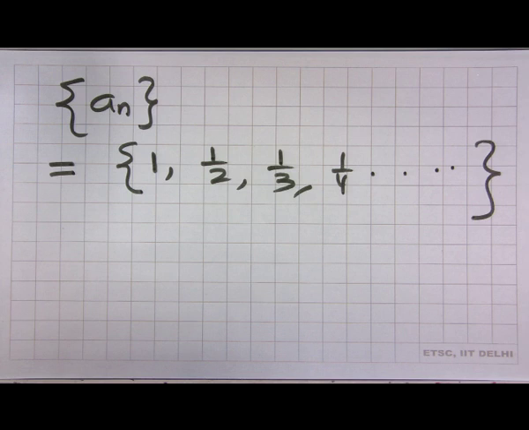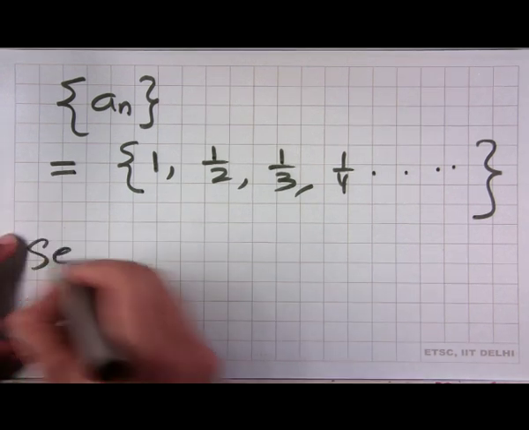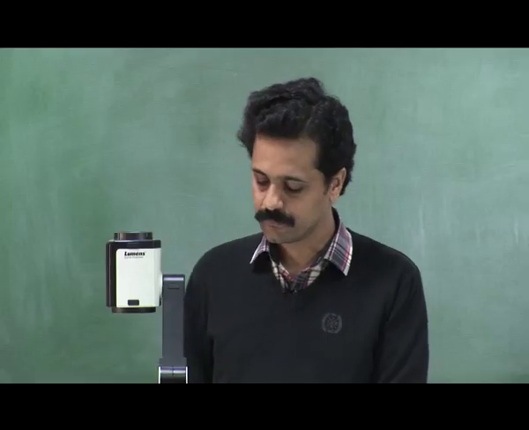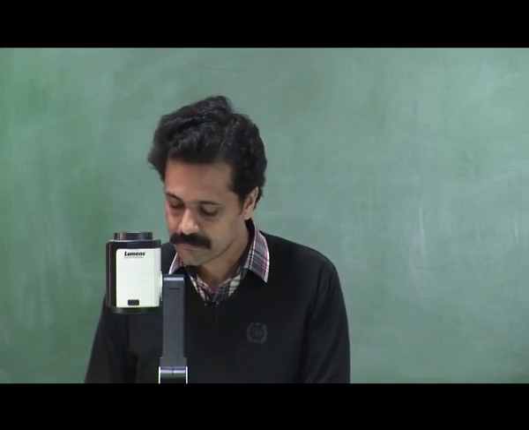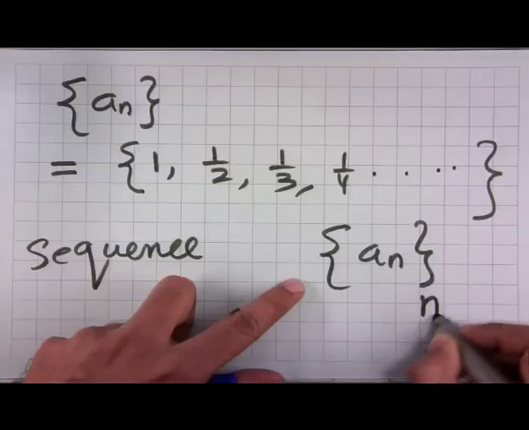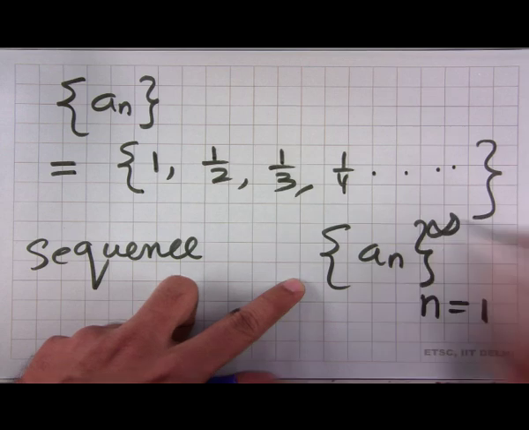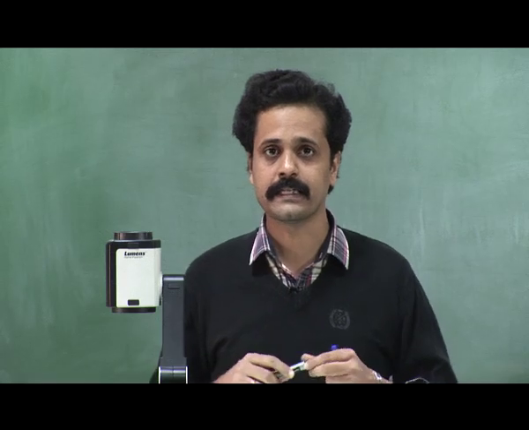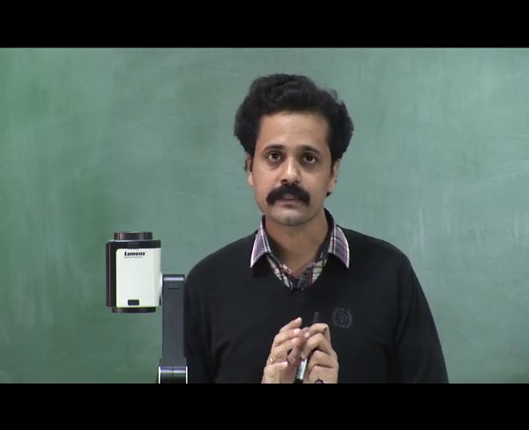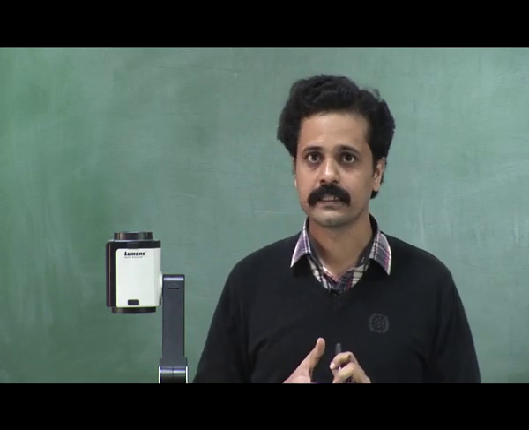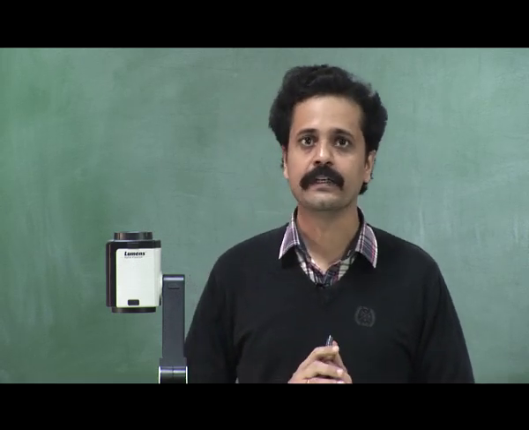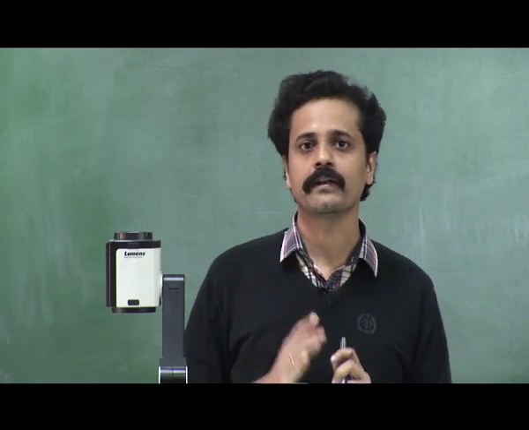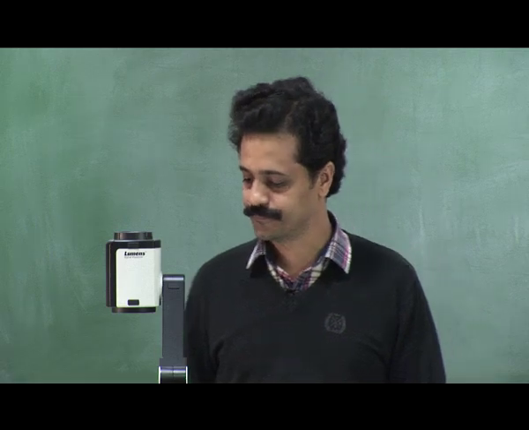Thus, though we use the set notation {a_n}, n equal to 1 to infinity, for a sequence, keep in mind that a sequence is different from a set, mainly in the sense that a sequence is an ordered list, whereas in a set we do not bother about the order in which elements occur.